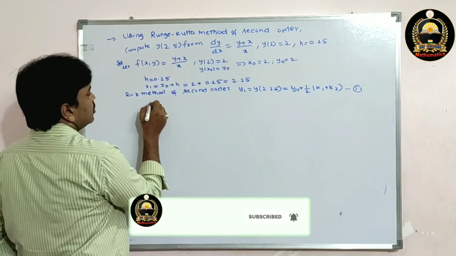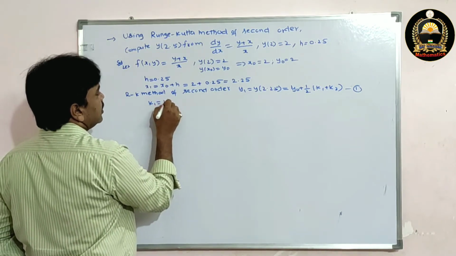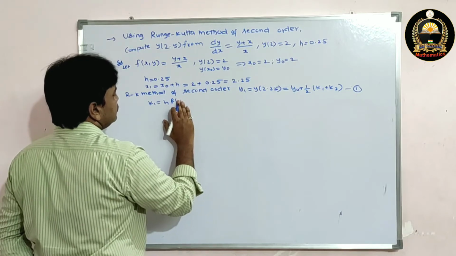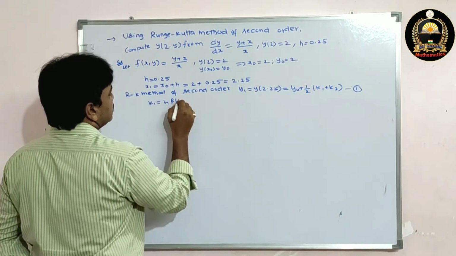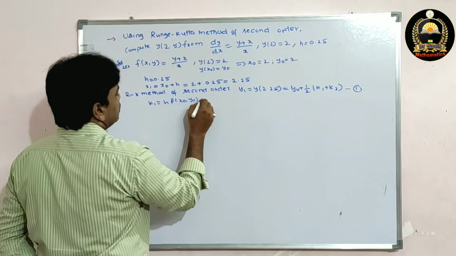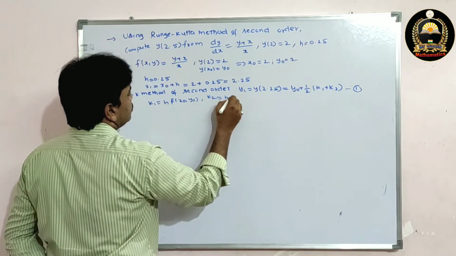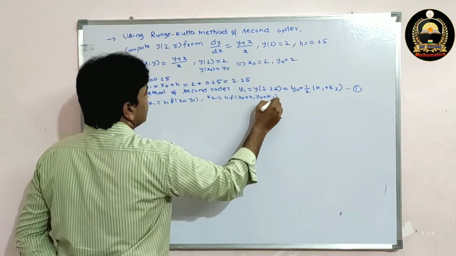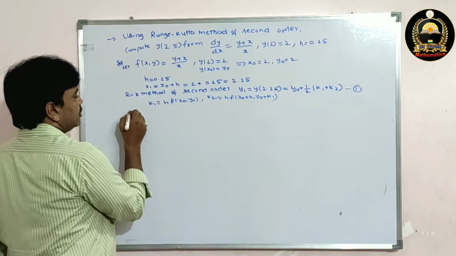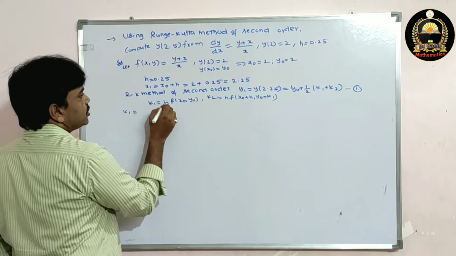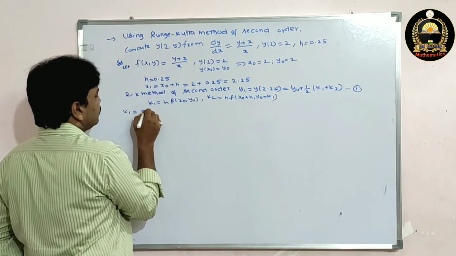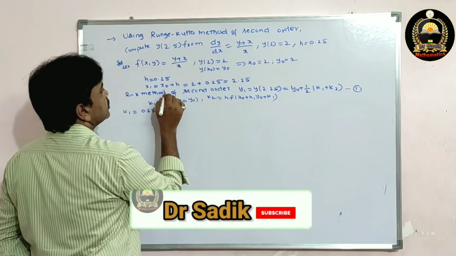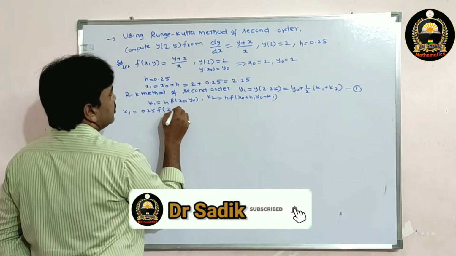Now what is k1, students? k1 is h into f(x0, y0), and k2 is h into f(x0 plus h, y0 plus k1). So k1 is equal to h value 0.25 into f(x0, y0), x0 is 2 and y0 value is 2.